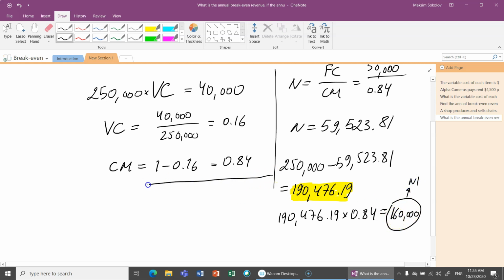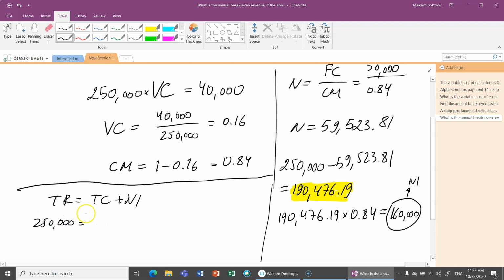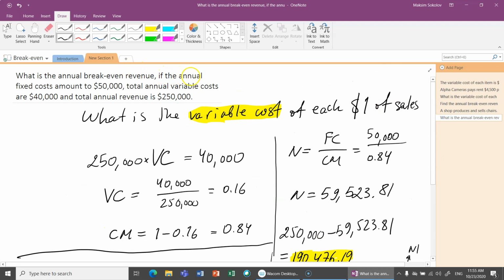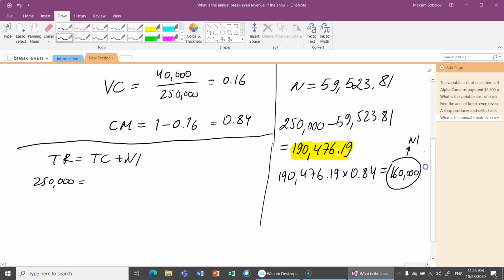And if you think about it, that's exactly what must be happening, because in any business, total revenue should be total cost plus net income, right? So total revenue is $250,000 in this business. Total cost is total variable cost, which is $40,000, and fixed costs, $50,000. So total costs will be $50,000 plus $40,000, so it's $90,000.